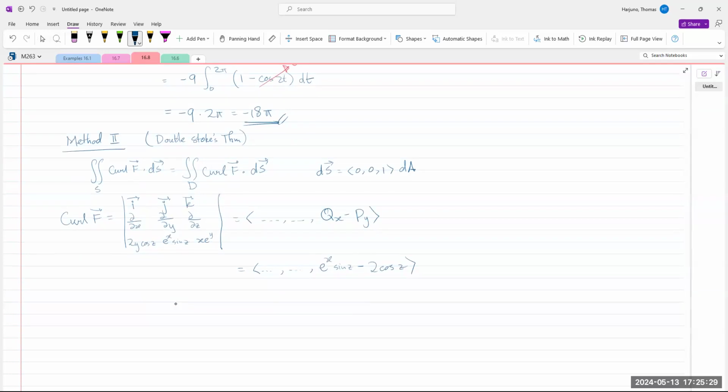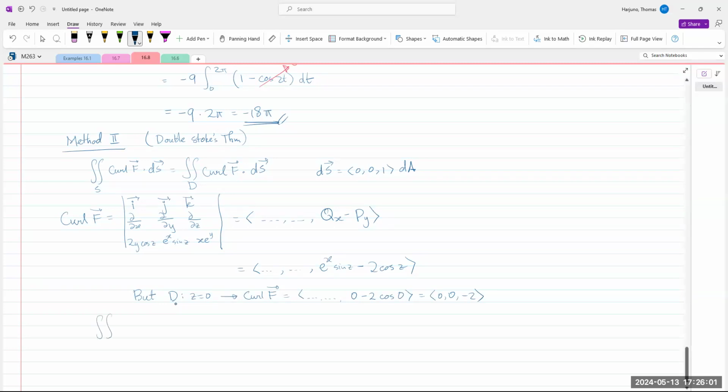Okay, but D has z equals 0, right? Therefore, the curl of F there will be 0 minus 2 cosine 0, which is 0, 0, -2. Do you think it's really nice?